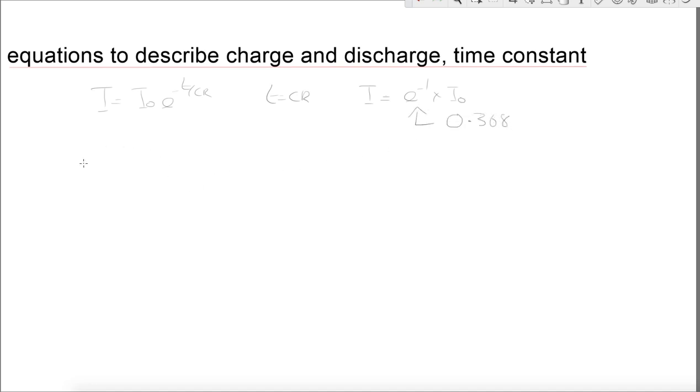So the time constant is the time for the current to fall to 0.368 of its initial value. And being exponential, 0.368 of that would be the same period of time. So that would be one time constant.